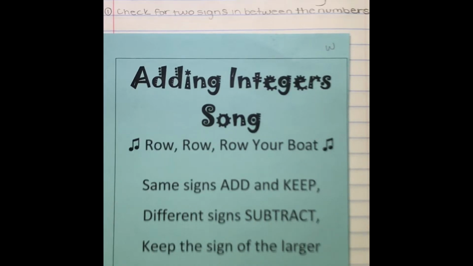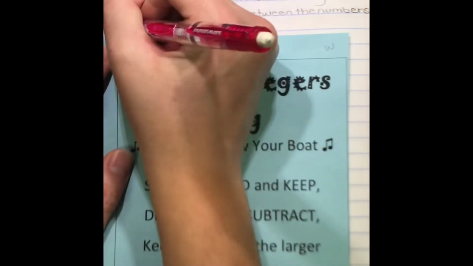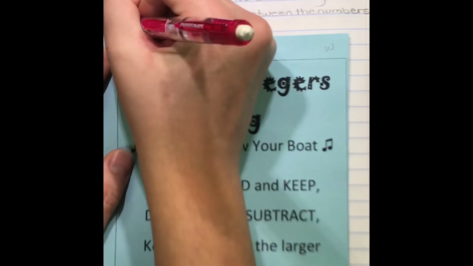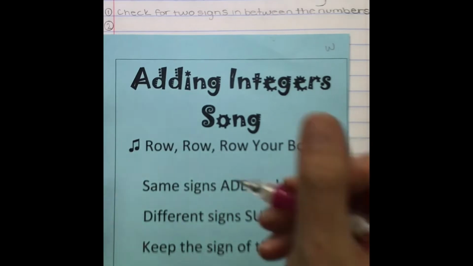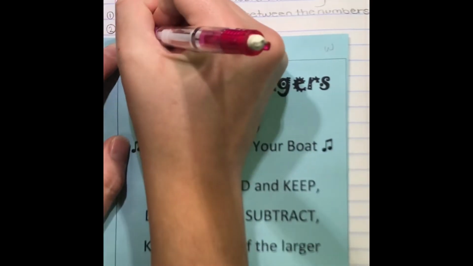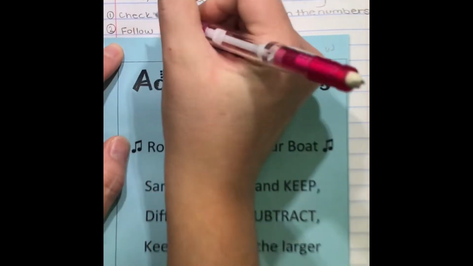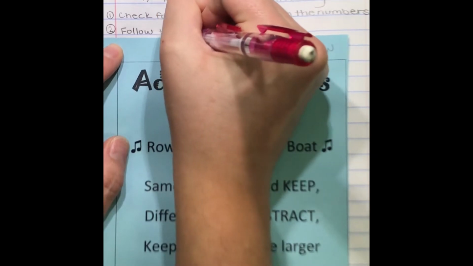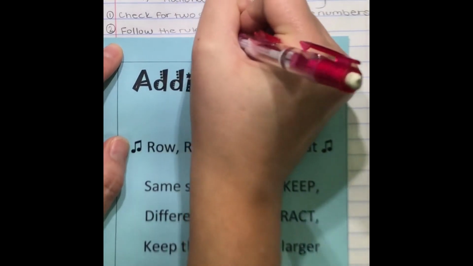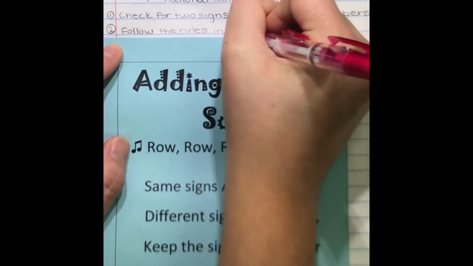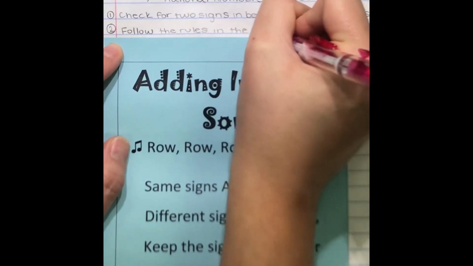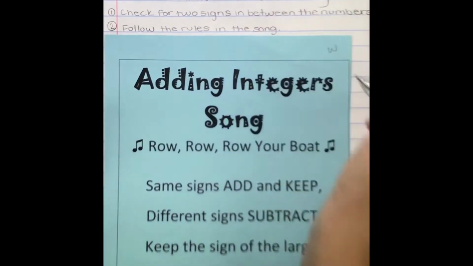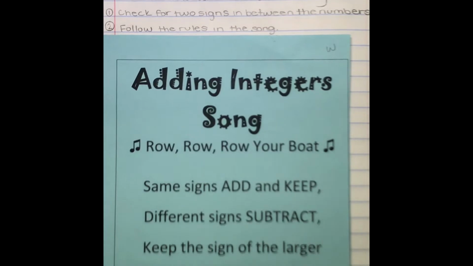You might hear them practicing cheer next door. Okay, step 2. Follow the rules in the song. Okay, so pause the video, write this down, and once you're ready, replay it.